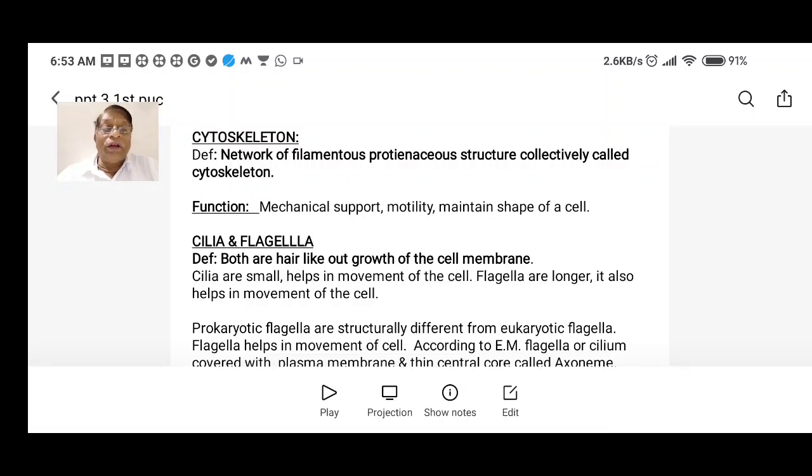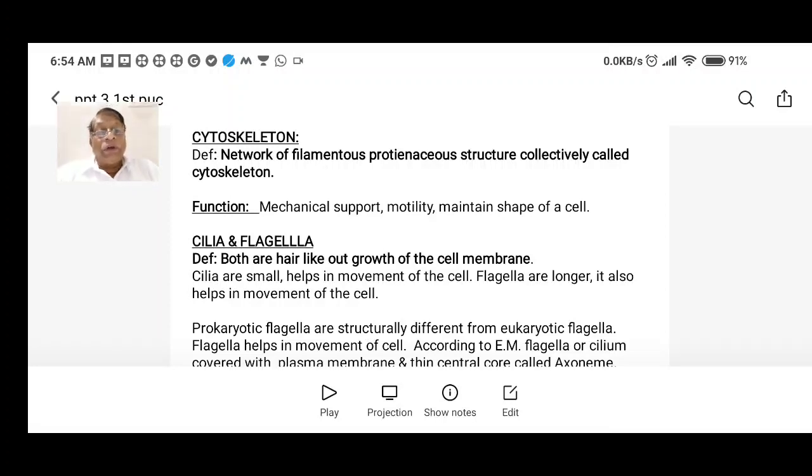Then it also helps in maintenance of shape of the cell. So these are some functions of cytoskeleton, that is mechanical support, motility and maintenance of shape of the cell. Okay, that's all about cytoskeleton.